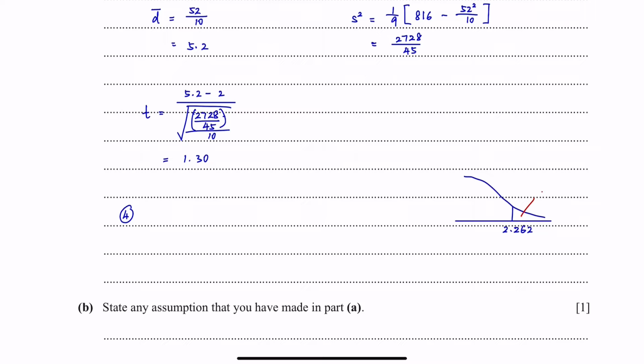So this would be our rejection region. And this is our acceptance region. So 1.30 lies over here, and it falls under the acceptance region. So since 1.30 is less than 2.262, we accept H naught.